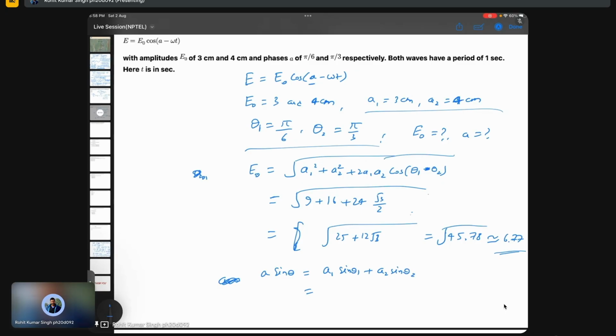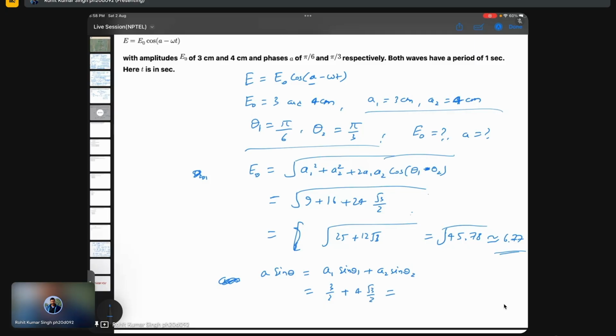Sin pi by 6 is 1 by 2, and a1 is 3, so 3 by 2, which is 1.5, plus a2 is 4, and sin pi by 3 is root 3 by 2.